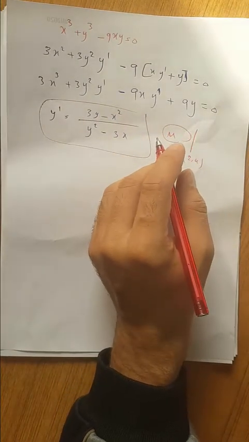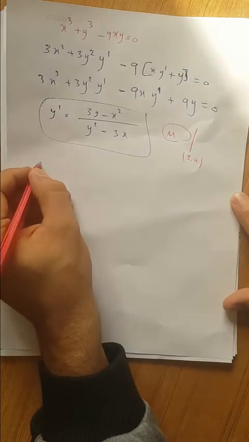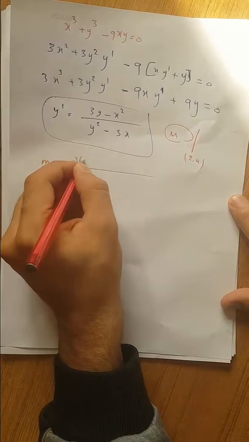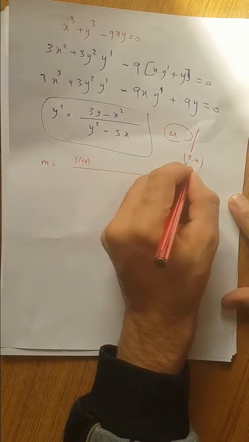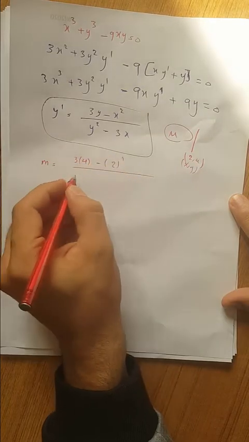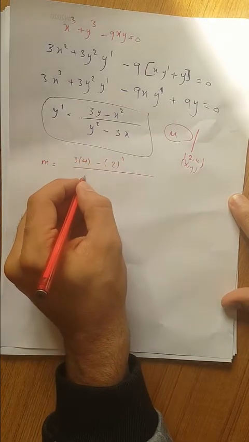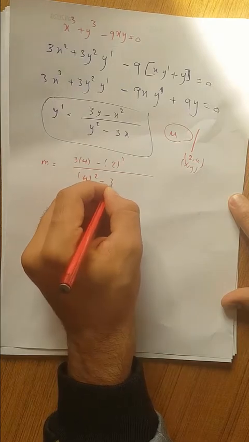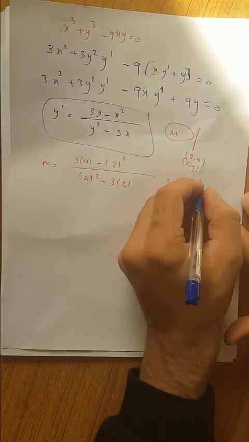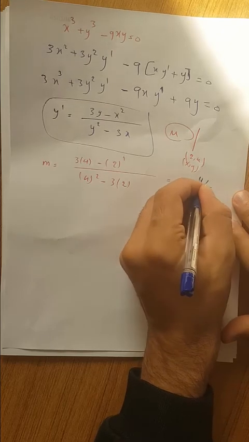So m is equal to what? If I put it in, m is equal to 3 multiplied by 4, here's x and y, minus 2 squared, and again 4 squared minus 3 multiplied by 2, and the result will be 4 over 5.